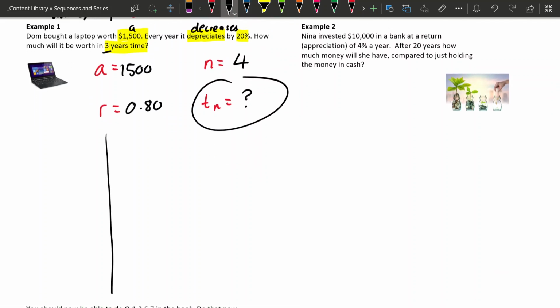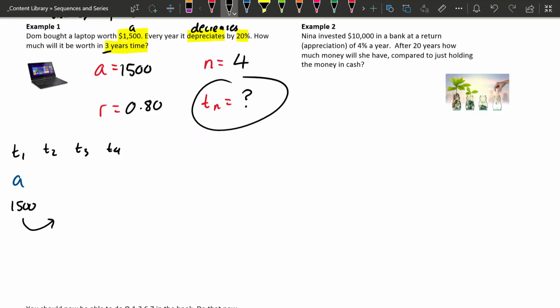So let's quickly talk about that. Let's just do some examples. So T1, T2, T3, T4. If you start with T1, that's what you start with, that's your A. Your A here will be $1,500, right? That's how much the laptop that Dom bought was worth.